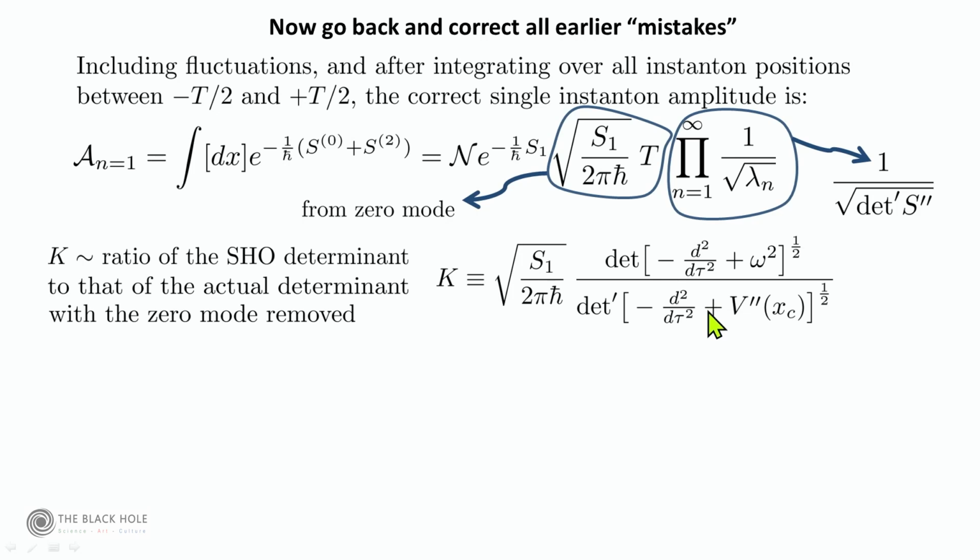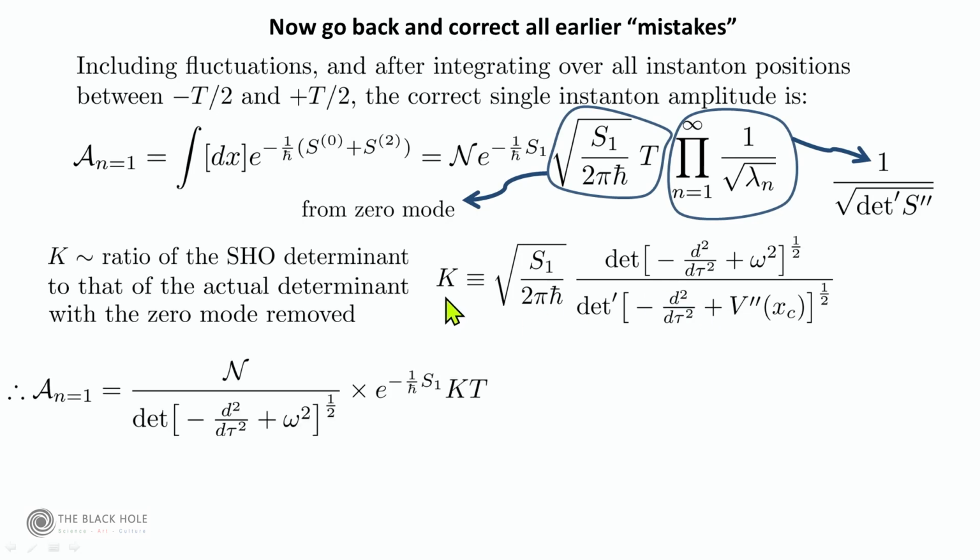The ratio of this to this will be something that we'll be able to compute more efficiently. So this is a definition. In which case, we have to correct for the fact that this has been put in the definition by dividing this out. So this is the same as that. There's the normalization constant and all this. The important thing to notice is that this exponential has come here as well. And this is the exponential with a single instanton in it, S1.